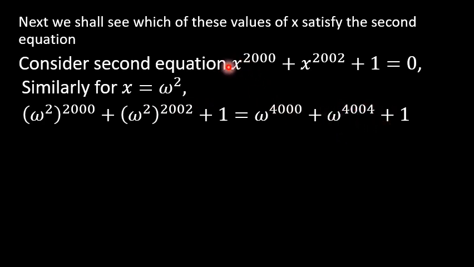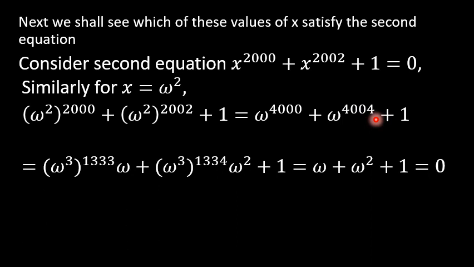So the second equation becomes omega to the power of 4000 plus omega to the power of 4004 plus 1. This is nothing but (omega cube) to the power of 1333 into omega, and omega to the power of 4004 is (omega cube) to the power of 1334 into omega square, plus 1.